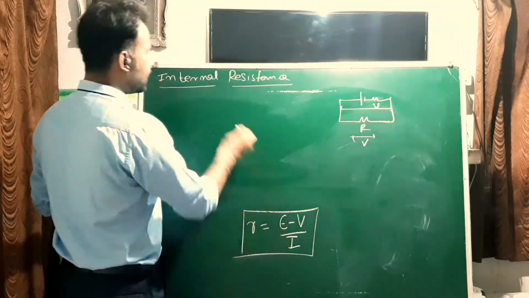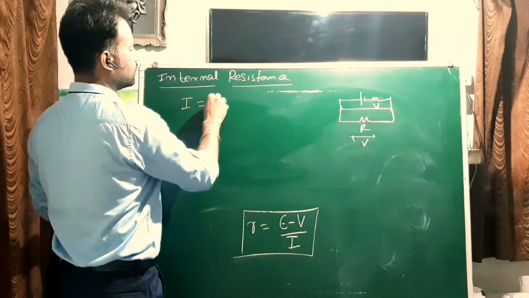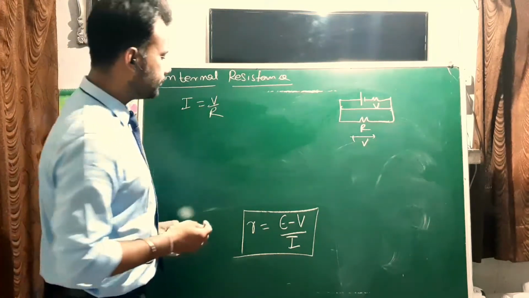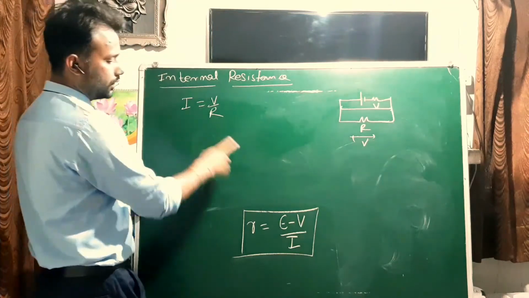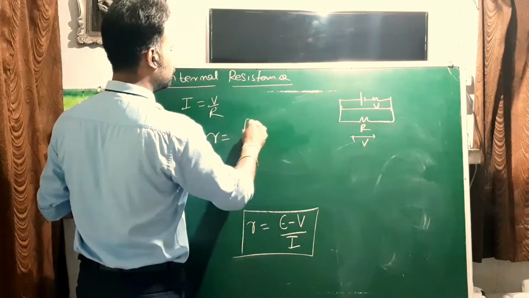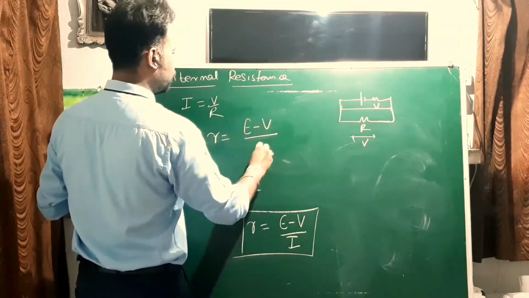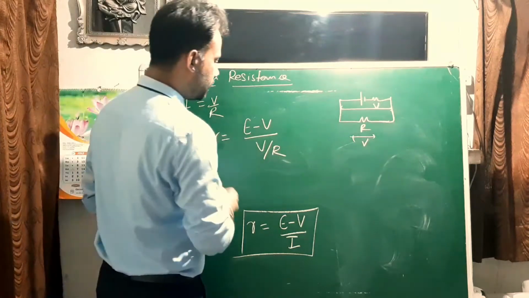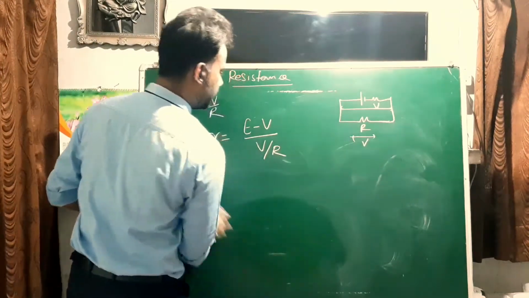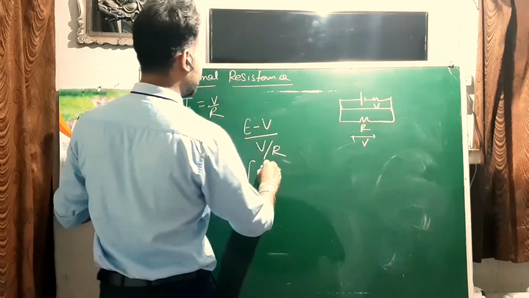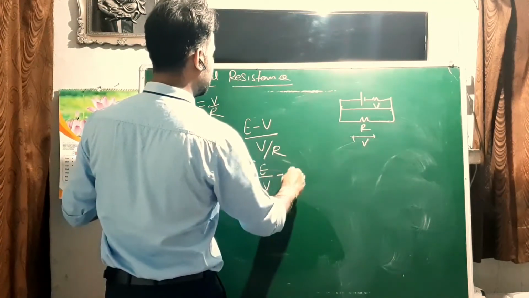So this I can be written as V upon R also, right? Because V equals to IR. Now, if we put the value here of I, r becomes r equals to (E minus V) upon V by R, right? So we can further solve it. We get r equals to R (E upon V minus 1).